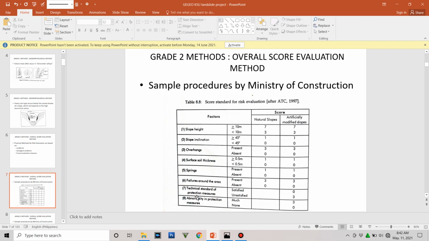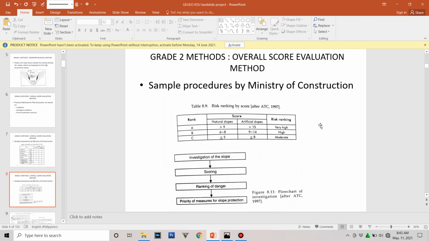Then the technical standard of protection measures, abnormality in protection measures. We'll just have to select and observe those parameters and select the scores. The score will be categorized into two: the natural slope or artificially modified slopes.